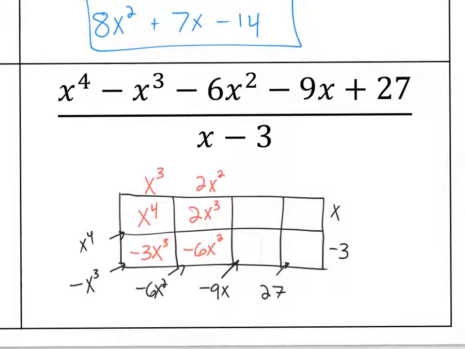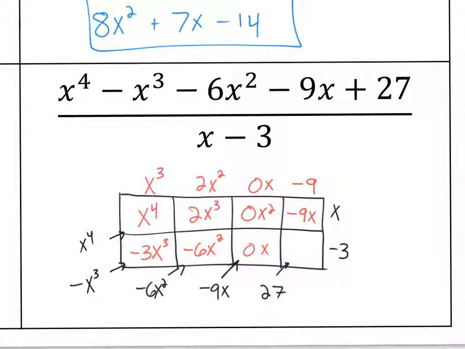If this box plus this box add to negative 6x squared, then this has got to be 0. So 0x squared, which makes up here 0x, which makes this 0x. Diagonals have to add up to negative 9, so this has got to be negative 9x, which makes this negative 9.